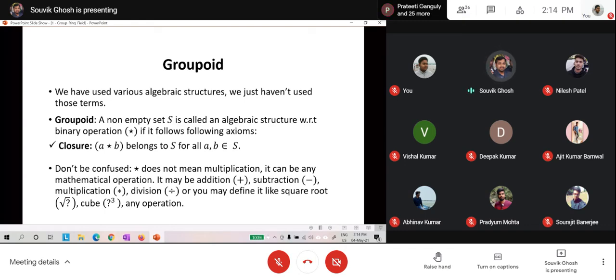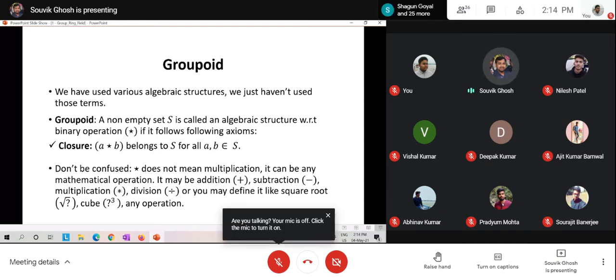It may be anything. It may be addition, subtraction, multiplication, division, or you may define your own, like you can say that this star is nothing but the square root. This star is nothing but the cube, or anything you want to define.